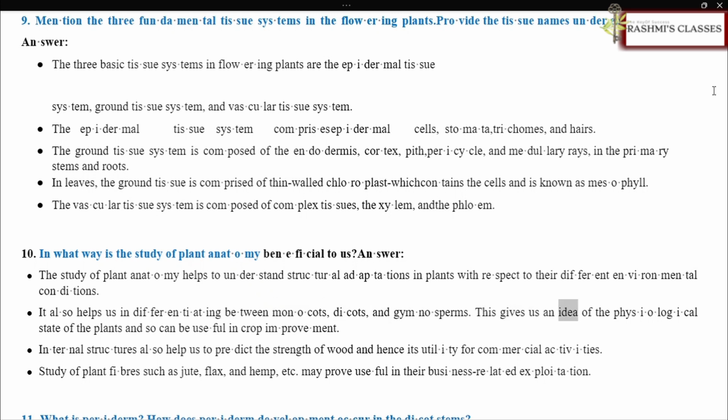This gives us an idea of the physiological state of the plants and so can be useful in crop improvement. Internal structures also help us to predict the strength of wood and hence its utility for commercial activities. Study of plant fibers such as jute, flax, and hemp, etc. may prove useful in their business-related exploitation.